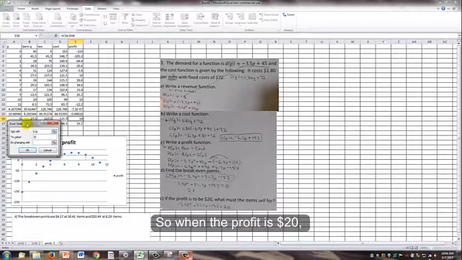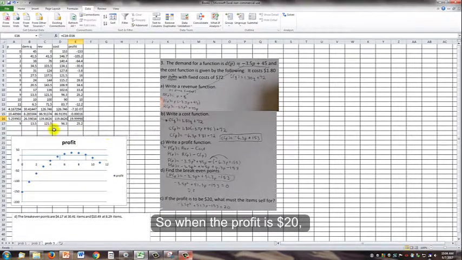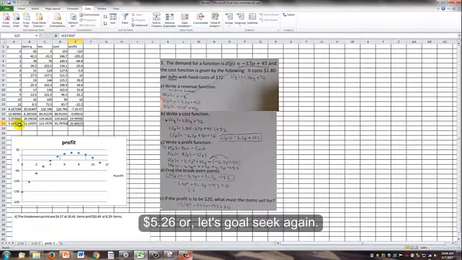So when the profit is 20, there's your price, $5.26, or let's goal seek again, $9.40.